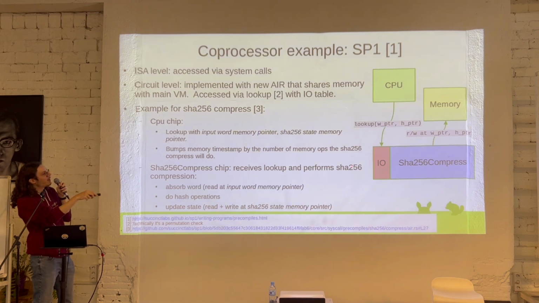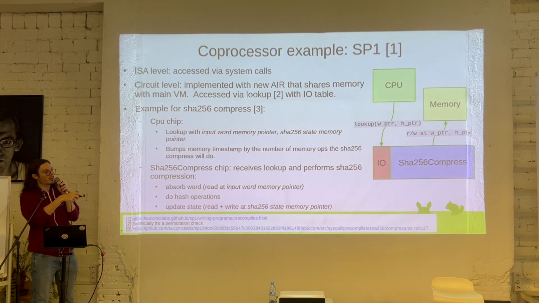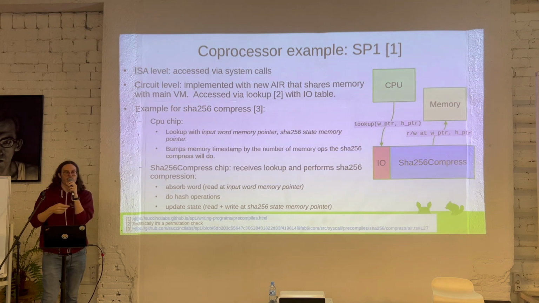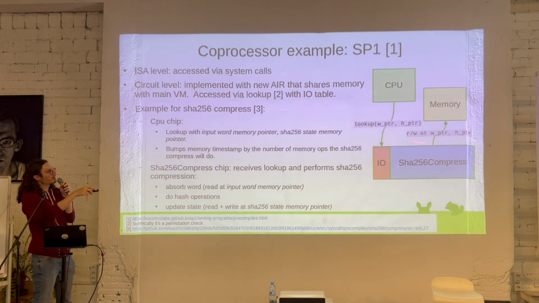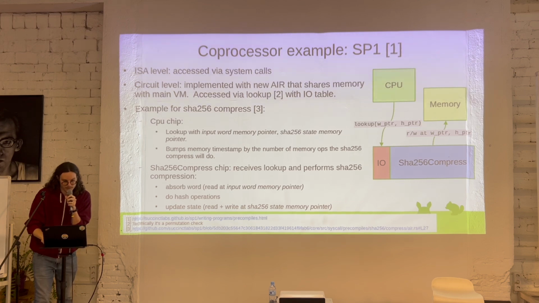Then it will do a lookup to the SHA-256 compress AIR, and this coprocessor with AIR constraints will perform the computation: first it will read all the bytes from memory for the word and the state, it will calculate the hash, and then it will write the resulting state to memory. After this lookup is done, in the next step, the CPU will have the result available.